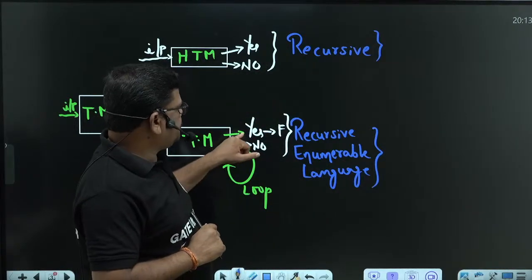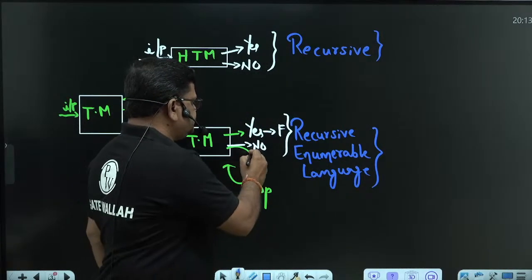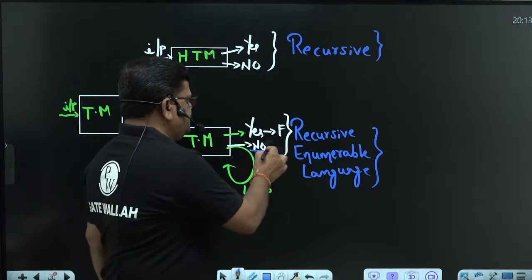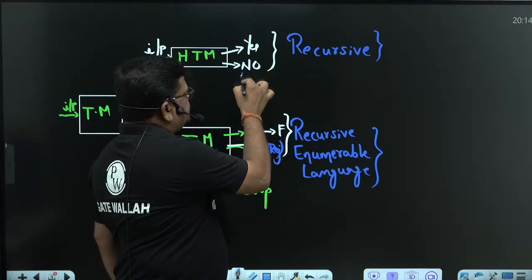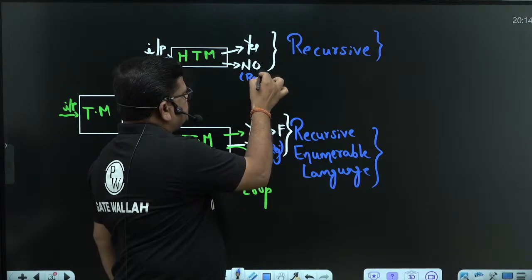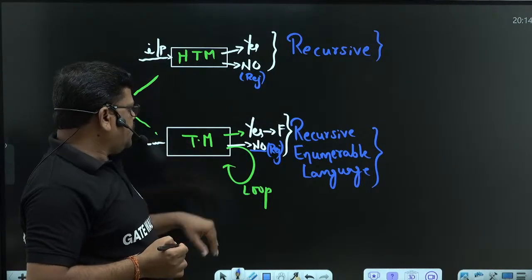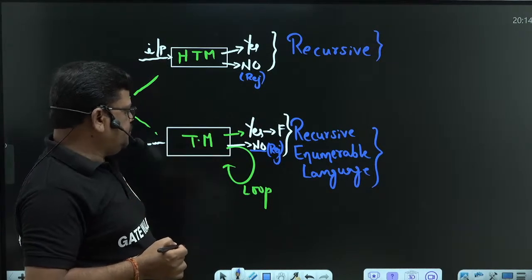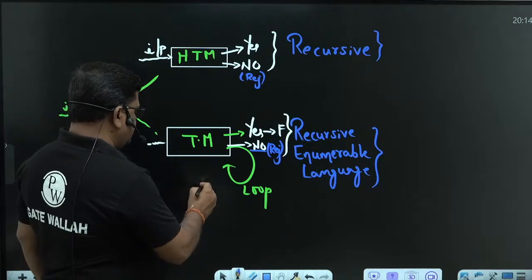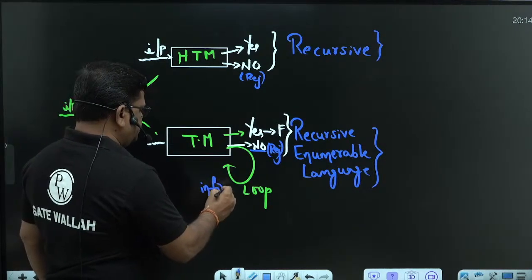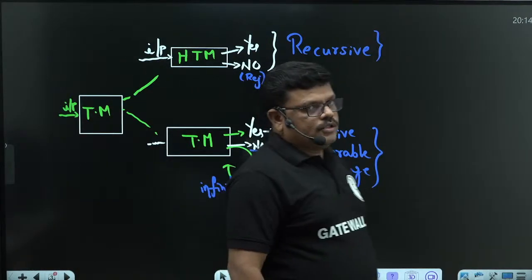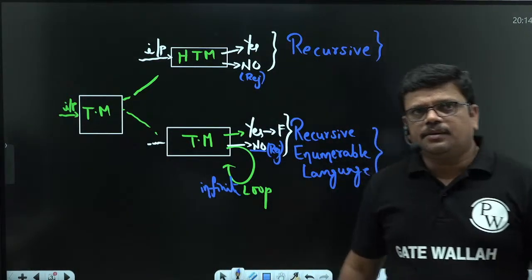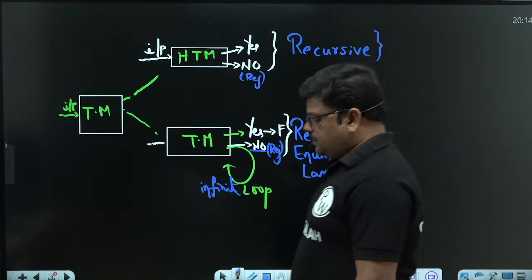Sometimes it may halt in a non-final state by rejecting, where no means reject, or it will fall into an infinite loop. This is not a normal loop. These types of situations also exist in the Turing machine.